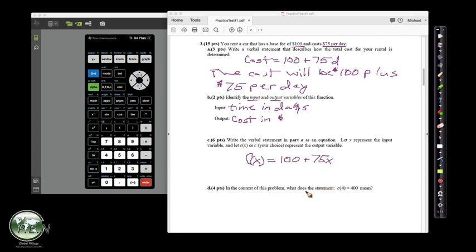In the context of this problem, what does the statement C of 4 equals 400 mean? Well, again, taking it as we go, the 4 is days, the 400 is dollars.